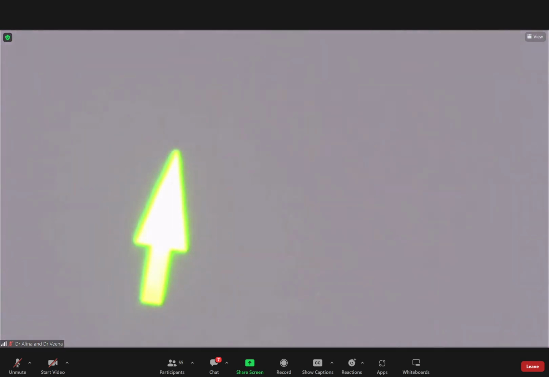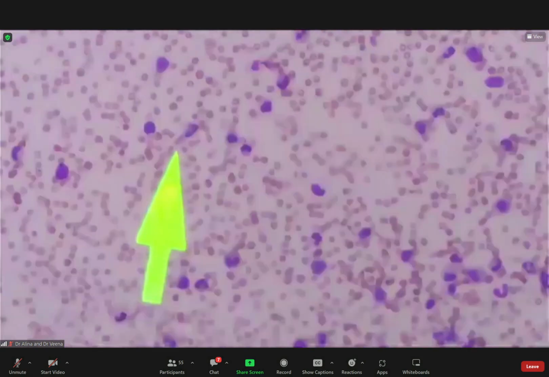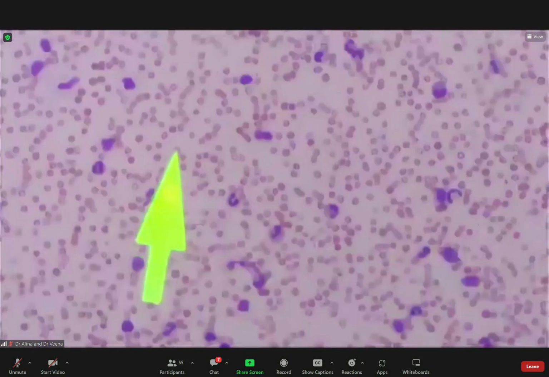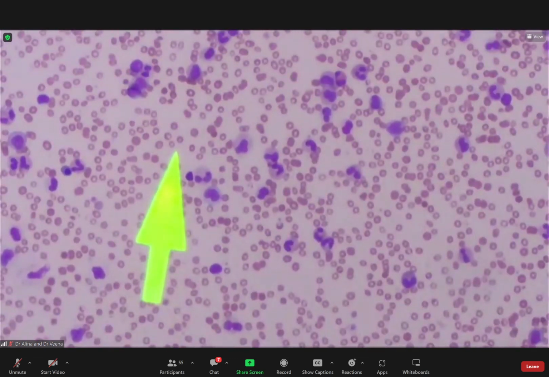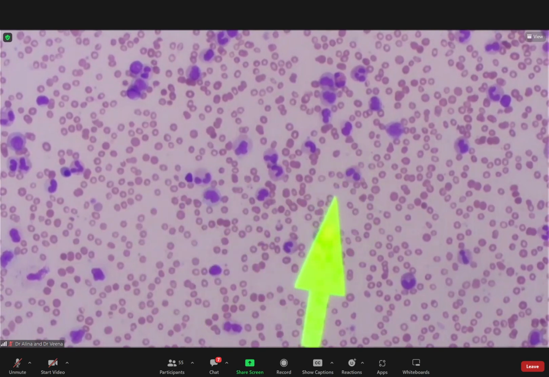Okay, next question. A 55-year-old lady was referred for persistent high white cell count. Okay. Again, patient has hyperleukocytosis. There is a mixture of neutrophils, and the neutrophils appear dysplastic, right?